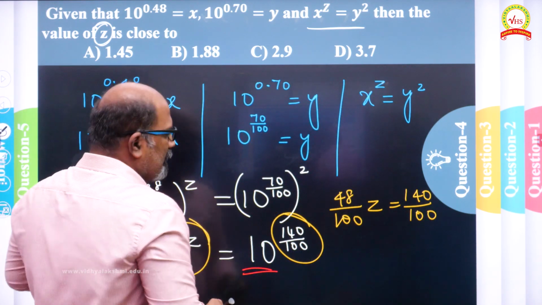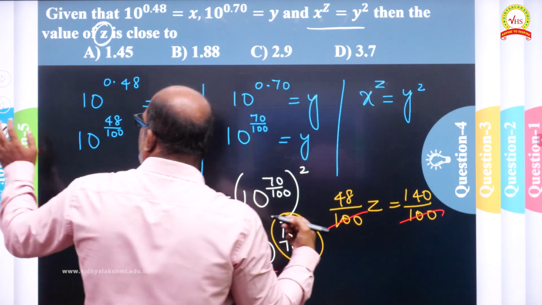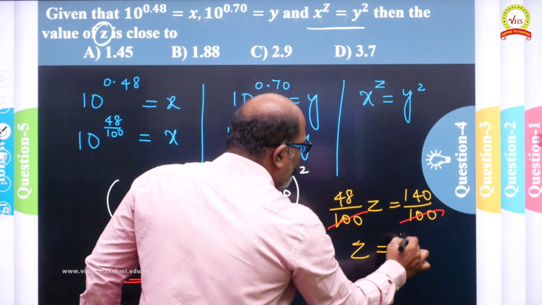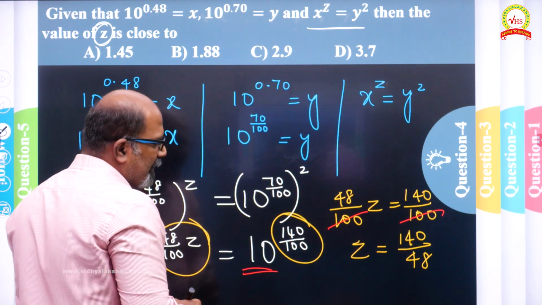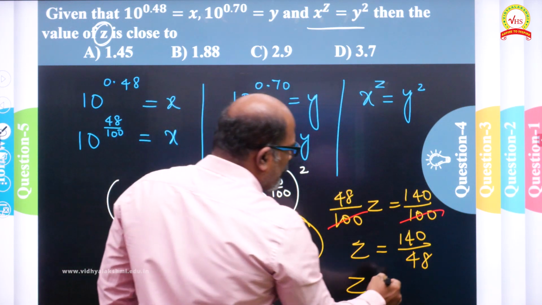Then we can cancel these two hundreds, and the value of z is given by 140 divided by 48. Yes, this in turn we may simplify.